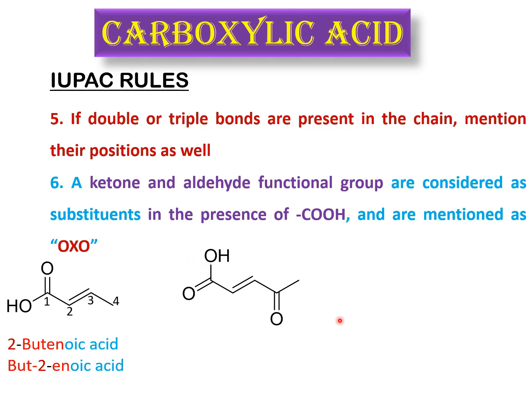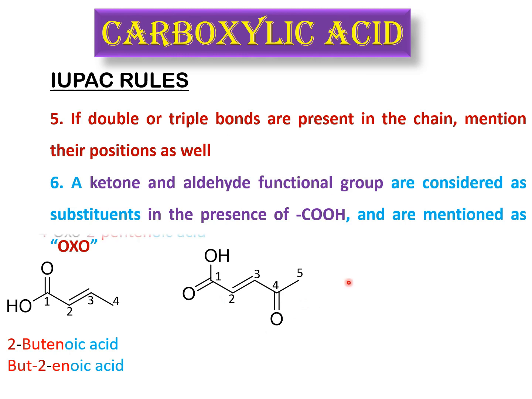If we have this molecule, you see a carboxylic acid functional group again with a double bond in the chain, and now we have a ketone functional group as well. But because ketone has a lower priority, it will be considered as a substituent and written as oxo. So first you have to mention the substituents and their position while naming the molecule. So starting from here, this ketone functional group is at 4.